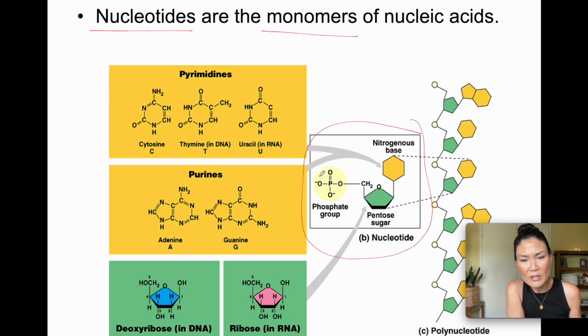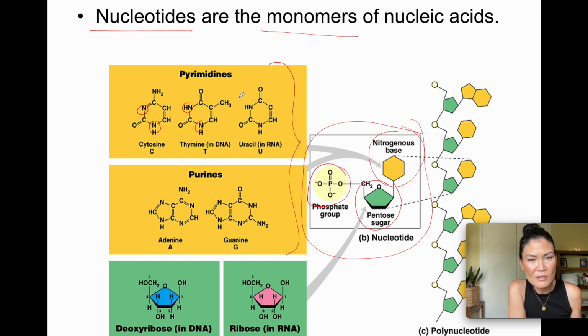The nucleotide has three main parts. You have the phosphate group, you have a pentose sugar, pent meaning 5 carbon sugar, and then you have a nitrogenous base, a carbon ring that contains nitrogen. You can see it's a carbon ring with nitrogens thrown in.